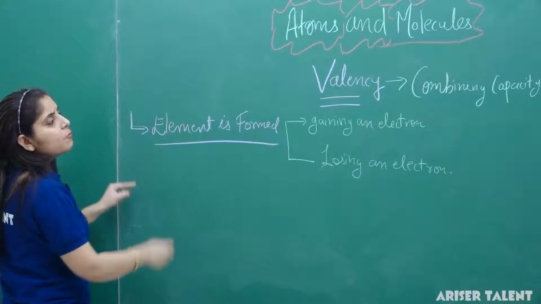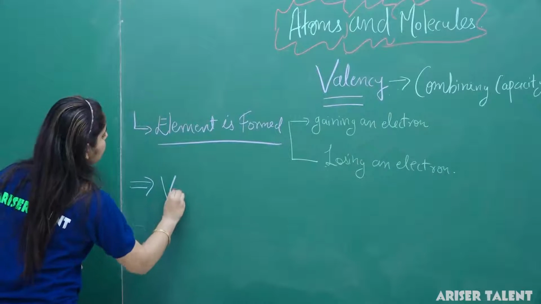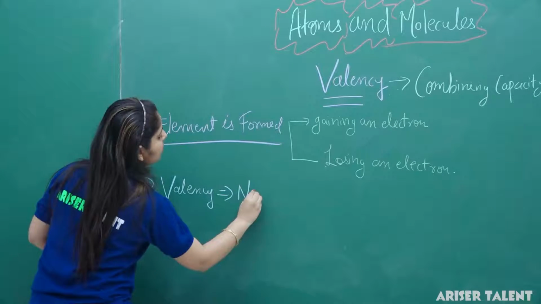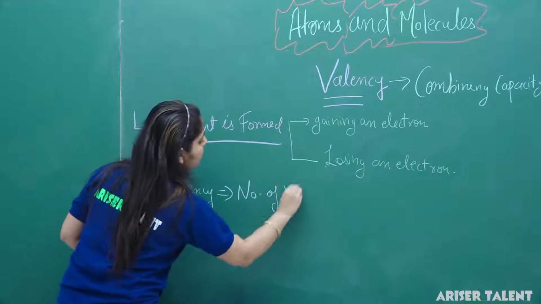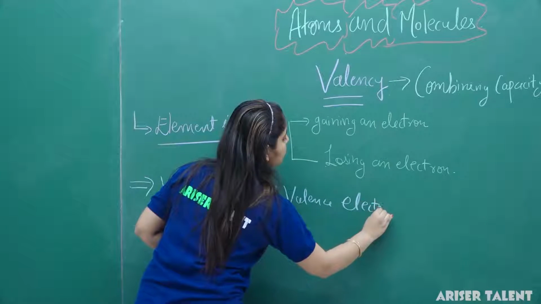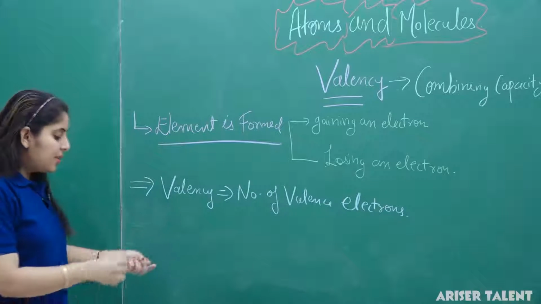It is the combining capacity of an element, and valency is, we may say, the number of valence electrons. The number of valence electrons will be called valency.